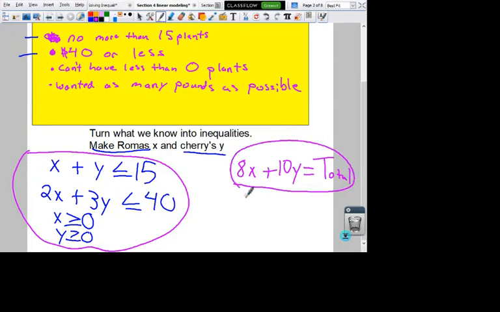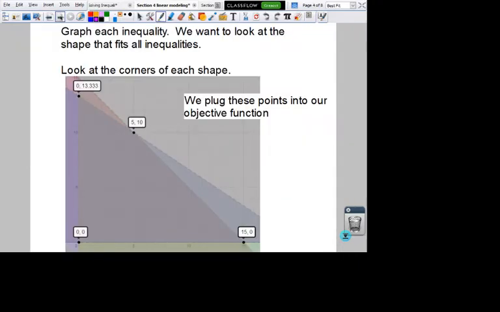And whatever gets us the biggest number is going to be our final answer. So we're going to have to try all of them. Let's start with 0, 13.3. I'm going to plug in 0 for my x, 13.3 for my y, and see what I get. I've already got this set up on the next slide.